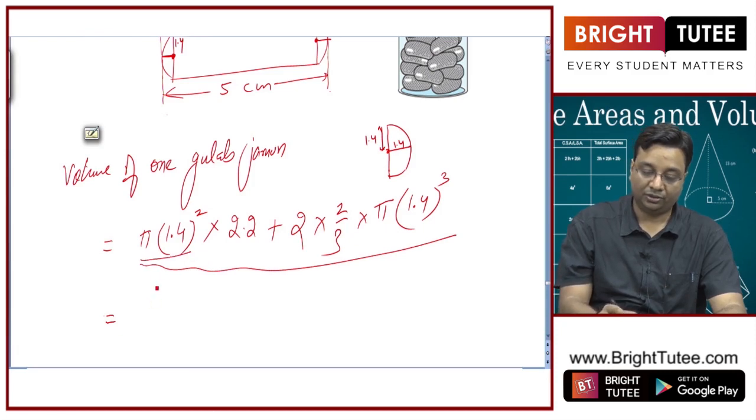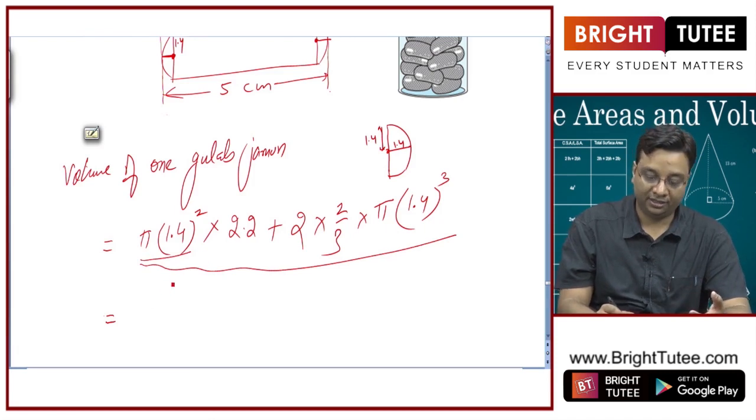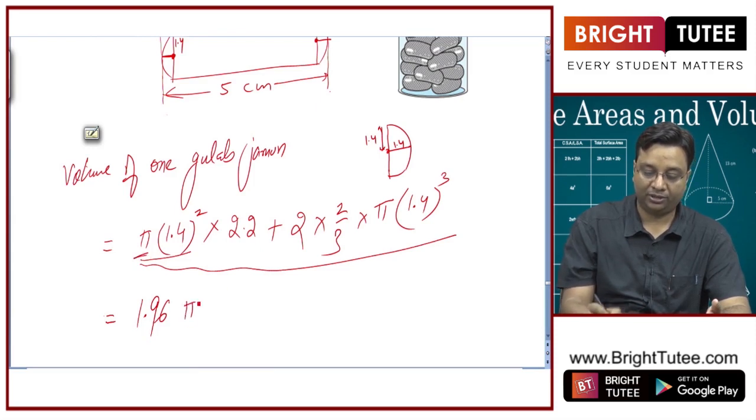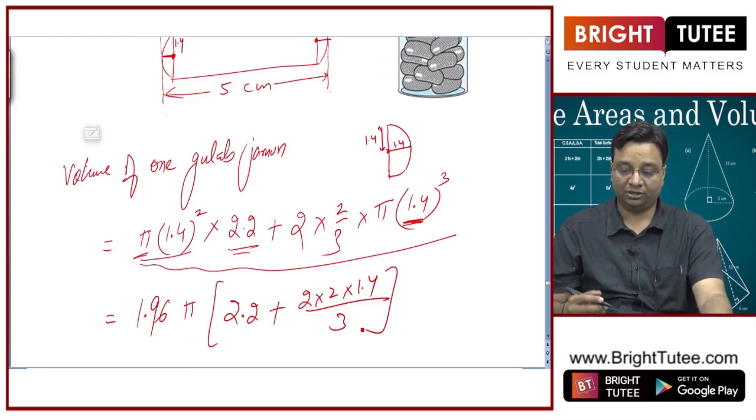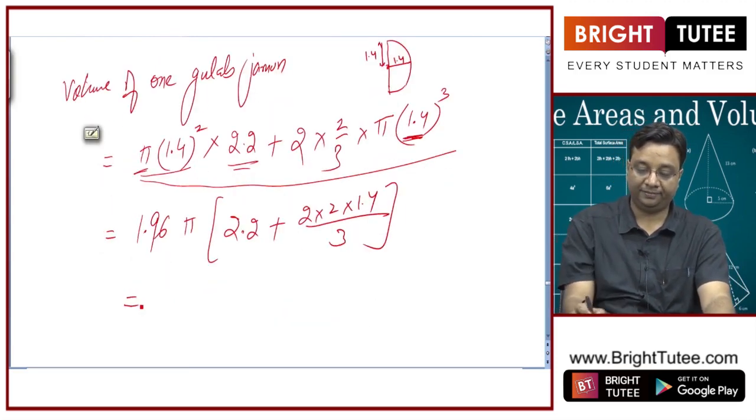So 1.4 squared into pi. 1.4 squared is 1.96, and this pi can also be taken as common. So from inside we get 2.2 plus, I have taken 1.4 squared common, so 1.4 is left here. So 2 into 2 into 1.4 divided by 3. If you are not comfortable with taking common, you can calculate it any way you like. So this is 1.96 pi.